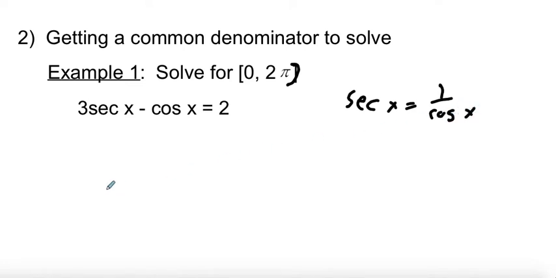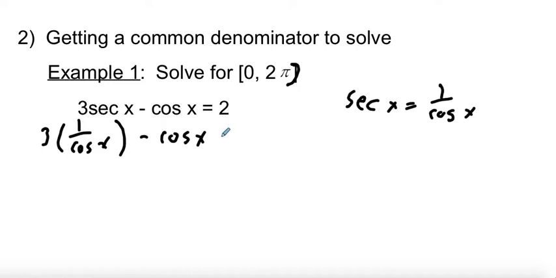We can use that trig identity, one of our definitions of trig functions. Secant is equal to 1 over cosine. So I'm going to replace that secant with 1 over cosine. The reason why I chose to do that is there wasn't a GCF of secant x or a GCF of cosine in this whole thing. So there wasn't really anything for me to do except change them all in terms of cosine.